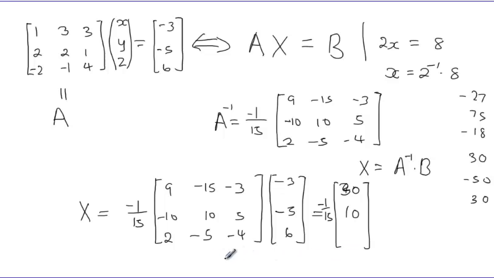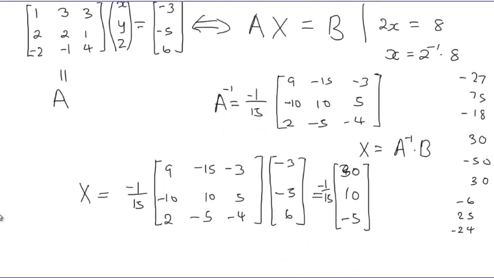Then next thing, minus 6, 25, negative 24. What is this? It is minus 30 plus 25, minus 5.